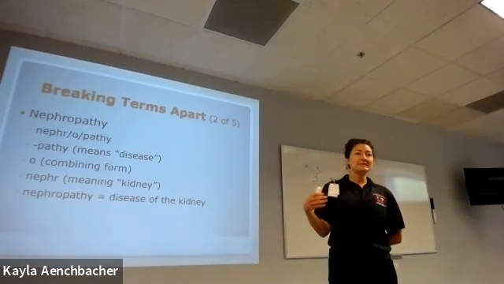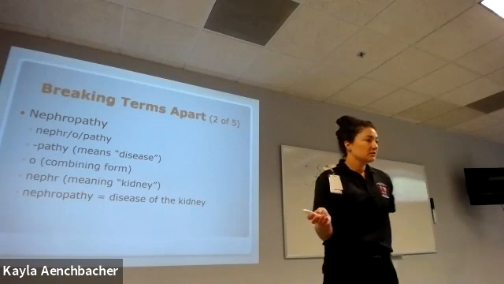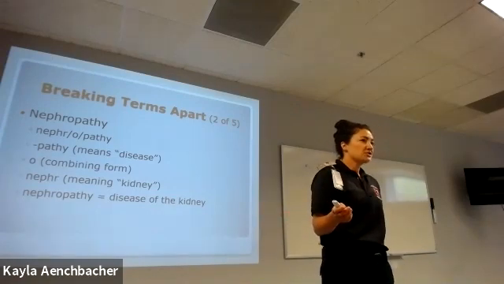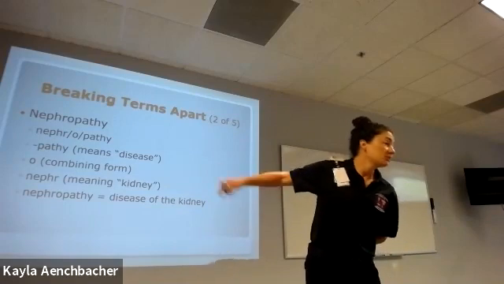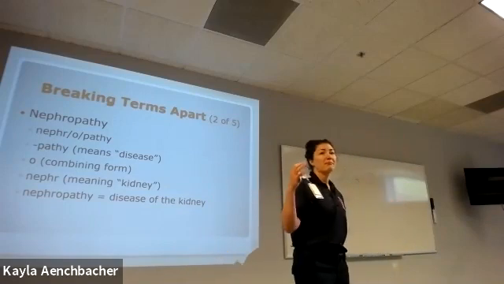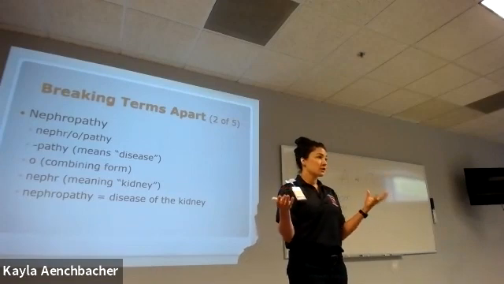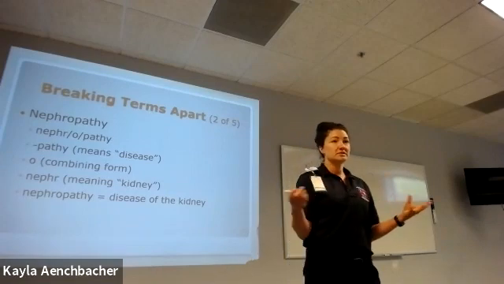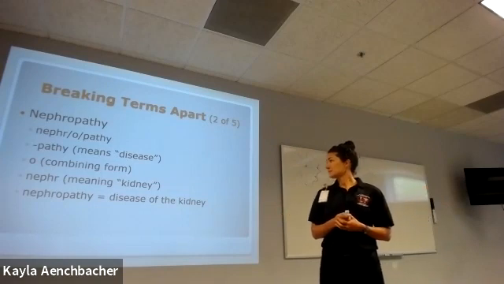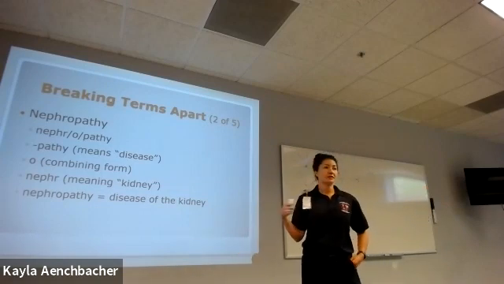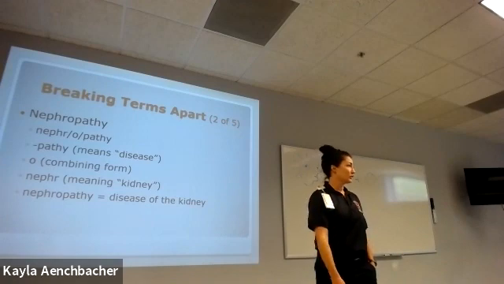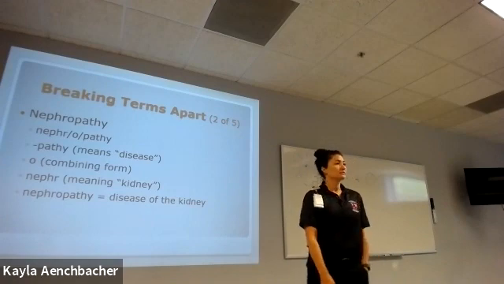Pathy, that's going to mean disease of something. All right, so if we're not even sure how to pronounce this word, if we see that neph or nephro and then that pathy, okay, well, we got kidneys and we got disease. So, you know, kidney disease, nephropathy. That O is just kind of thrown in there to make it sound or look a little bit better.